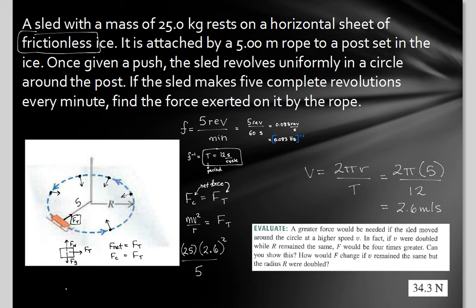Don't forget to square it, and we'll get the force due to tension. So 2.6 squared times the 25 kilos divided by the 5 meters. And we get 34.3 newtons for the force due to tension. And this, of course, acts radially inward.